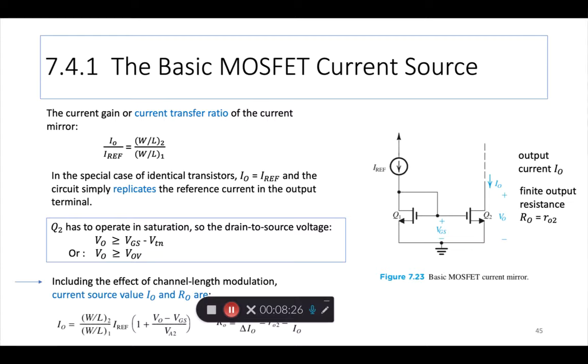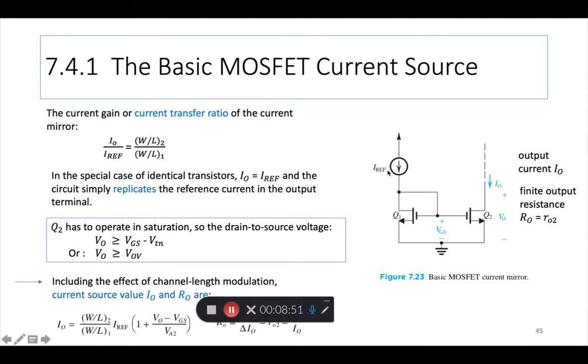So when we say a current source is giving me I0, what that means is that I0 is coming out from transistor Q2 at its drain. It may be exactly equal to I reference, or equal to 2 times I reference, or half of I reference.